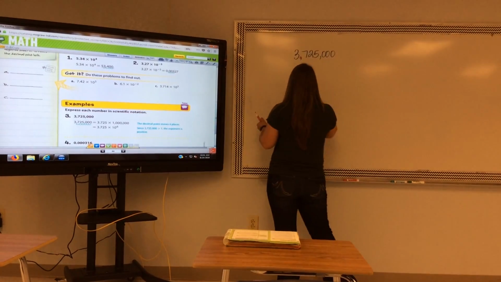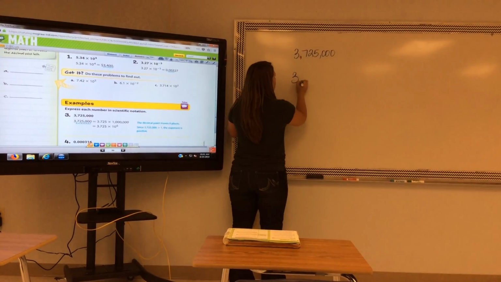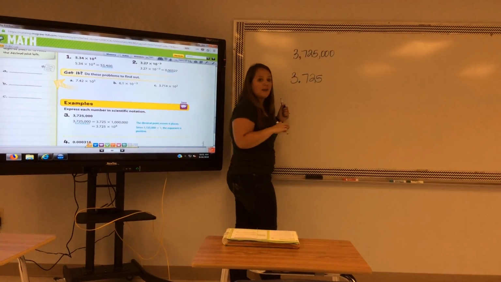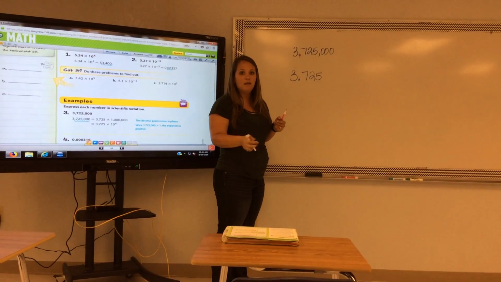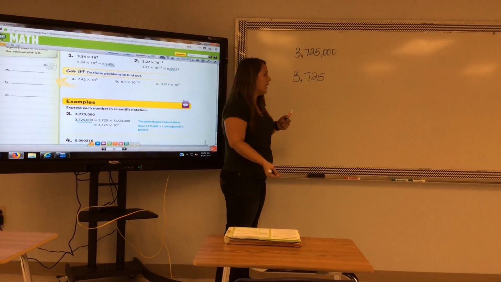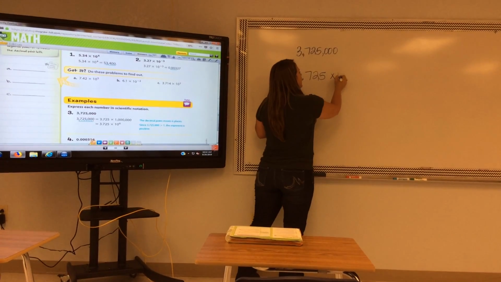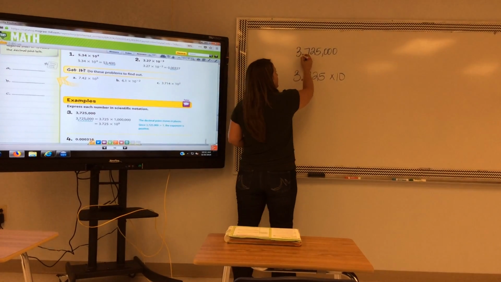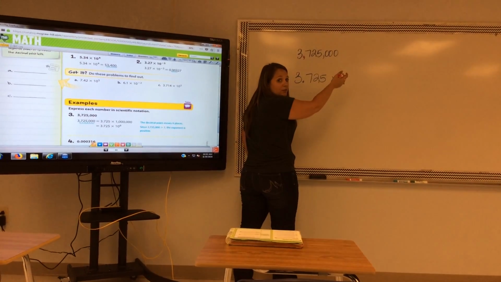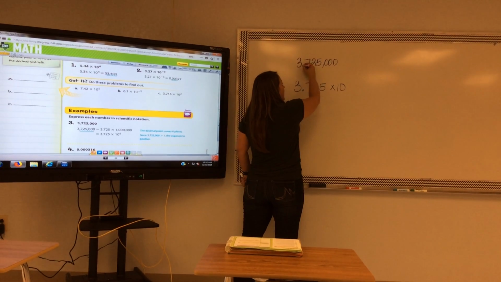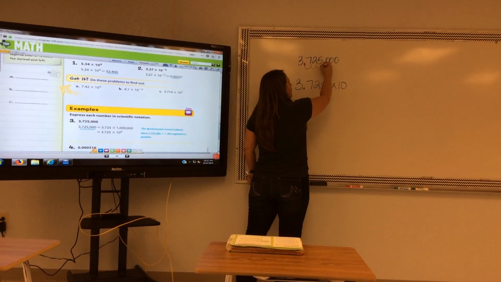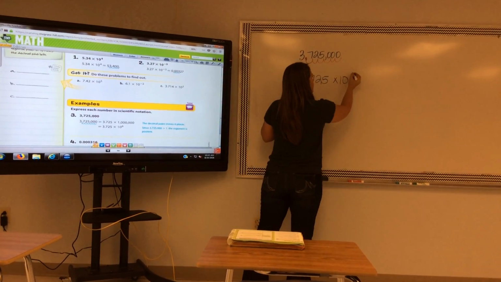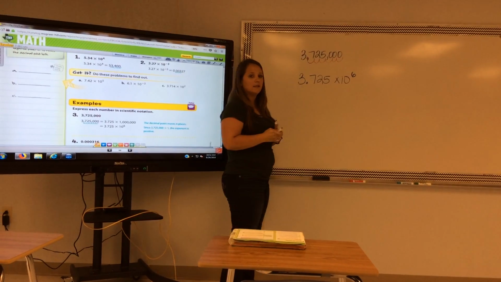So when I write my answer, I have 3.725. When there's only zeros left, I do not have to add those back in. Zeros at the end of a number do not change its value. In scientific notation, I always multiply by the power of 10. And then I just count. I need to move it to the right, so my exponent's going to be positive. And I'm moving that decimal 1, 2, 3, 4, 5, 6 places. So my exponent is a 6.